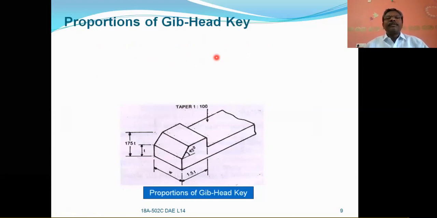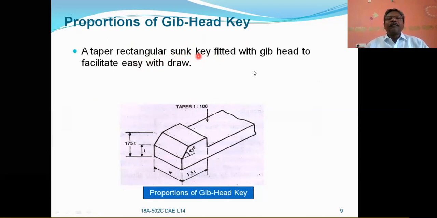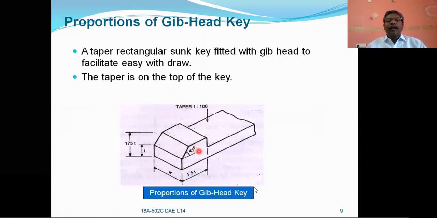And let us see the proportions of this jib head key. A tapered sunk key fitted with the jib head to facilitate easy withdrawal. Here you can see the taper is on the top of the key. This is the jib head, and it is similar to the rectangular sunk key, and the taper is 1 in 100.